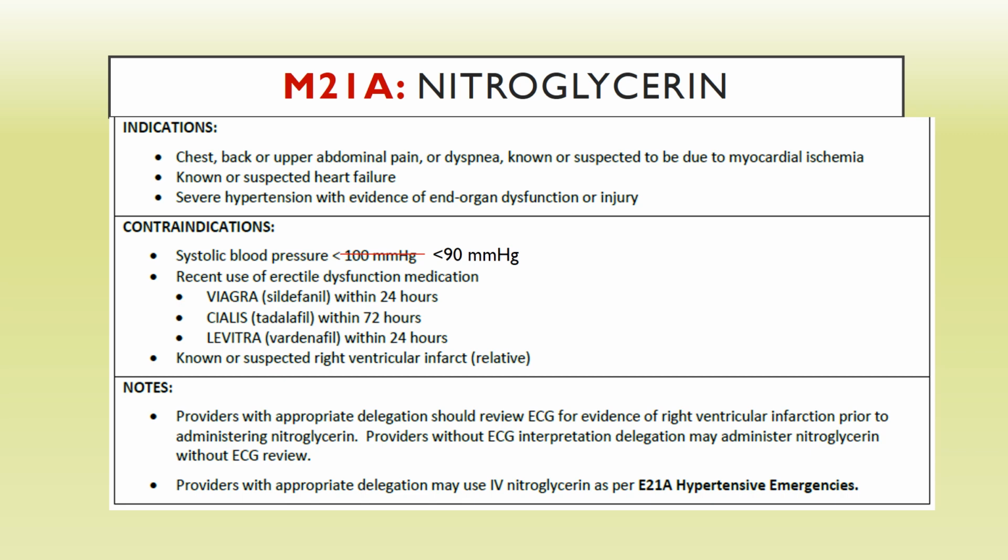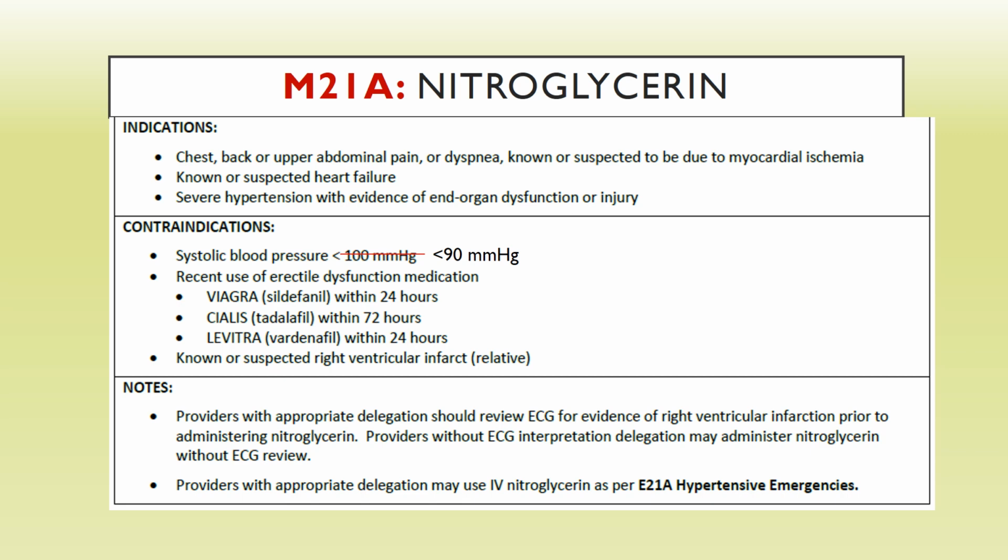Looking at the nitro care map here, the dose doesn't change, the indications don't change. The only thing that changes here is the systolic blood pressure has to be above 90 millimeters mercury in order to go ahead and administer the medication. Important to note here is that the nitro medication page is not changed at this time.